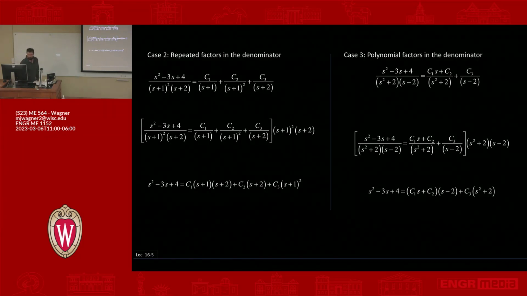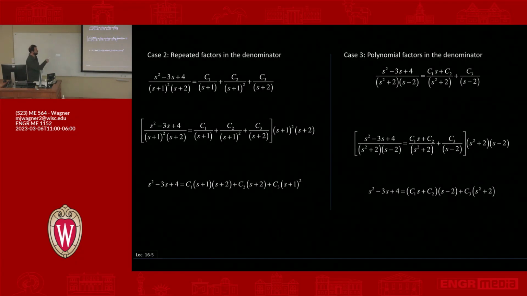If you have a term that's squared, you need to include that term and then any power that's below it. So here we have a squared term, so we need to write s plus 1 squared, and then s plus 1. If we had a cubic term, we'd have to write 3, and so on. So that's just something to point out. And then you end up with this equivalent statement here.